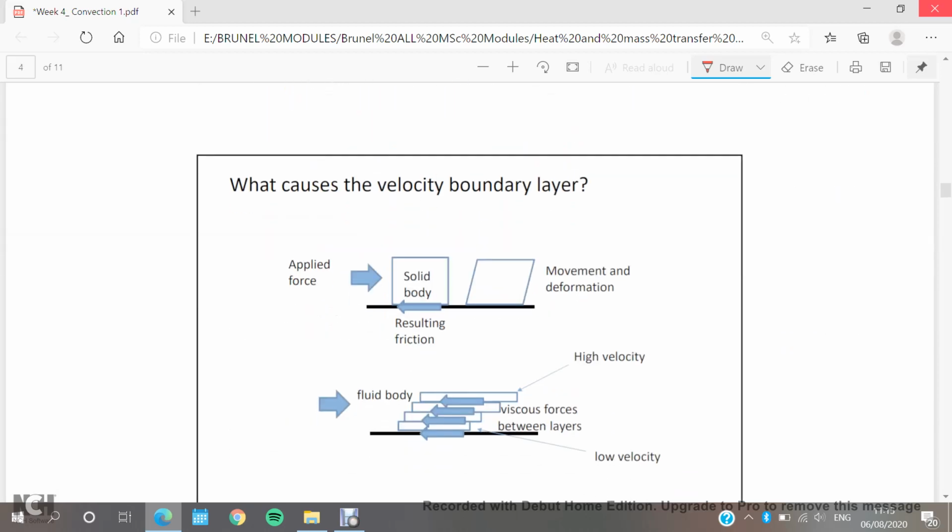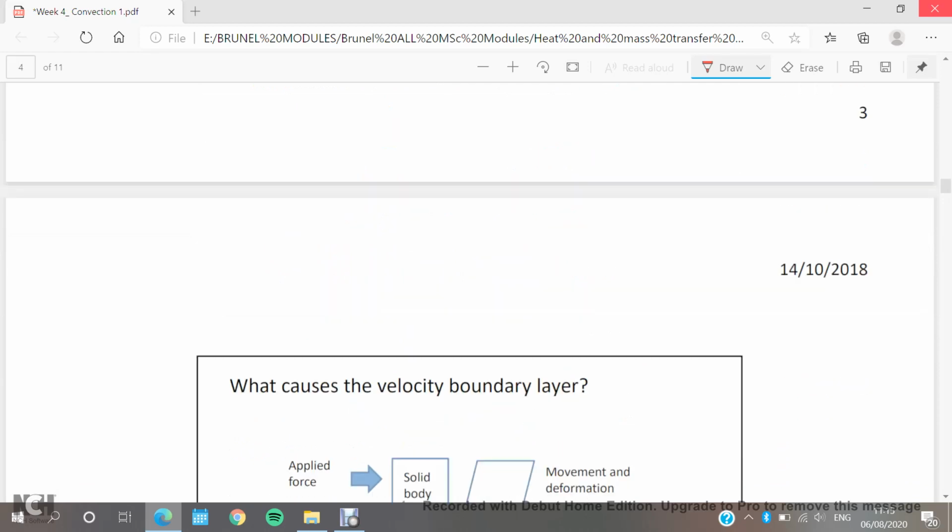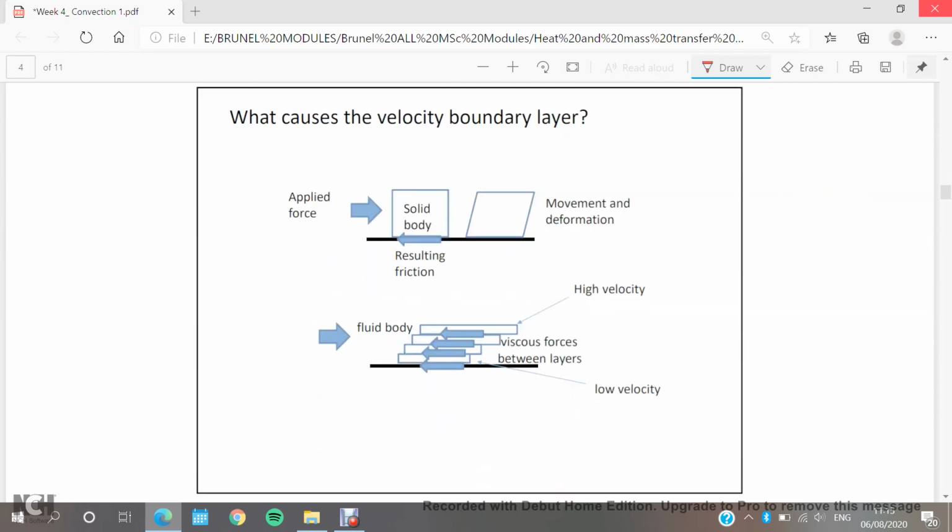Okay, great. After we understood this, now we want to speak about the forces which are affecting or working on the fluid layers in the case of the horizontal surface, as we discussed before.